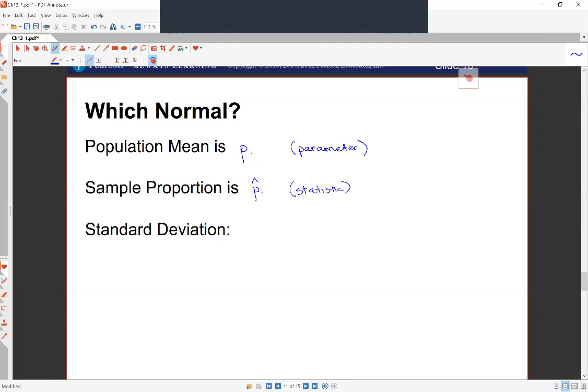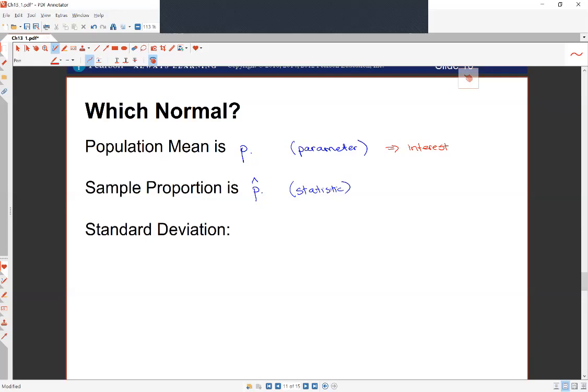Most of the time, the statistic is what we're able to observe because that's what we get from our sample. But the P without a hat, that is of interest to us, but generally, we have a hard time taking a full census. And so we can't observe the true P, but we can use P hat to learn about P. And the quantity that tells us how close those typically are to one another is the standard deviation of our model.